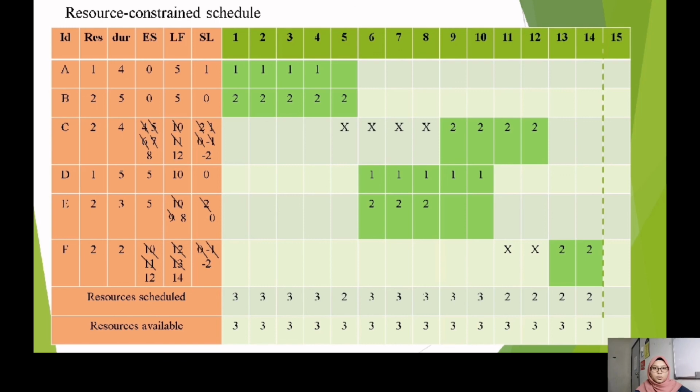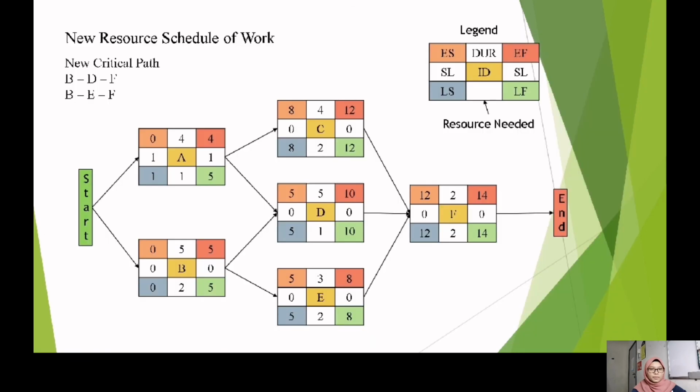After that we total up the resource schedule, and we can see that none of them exceed the resource available. Here is the new resource schedule work for solution 2. It is the same procedure.